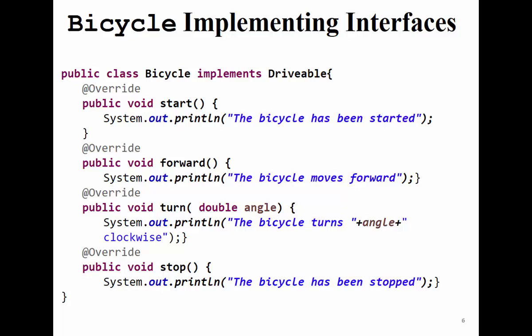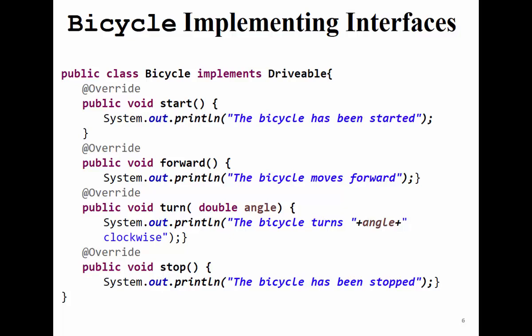So now the bicycle is an object, and the behavior of this bicycle is guaranteed to have these 4 methods: start, forward, turn with some angles, and stop. These 4 methods are mandatory to be there, and you have to provide the implementation for them once you decide to say Bicycle implements Drivable.